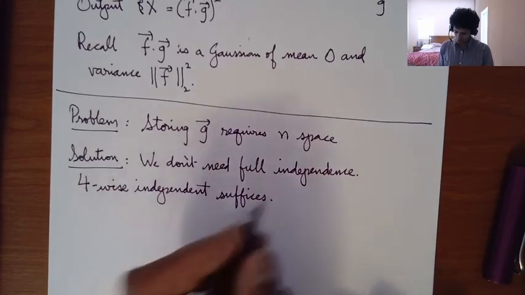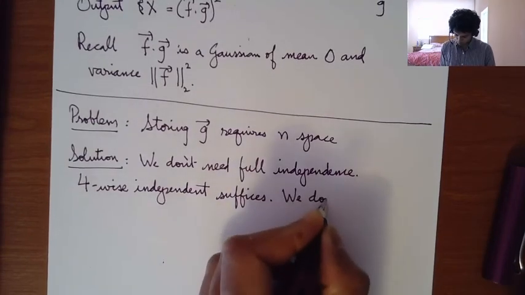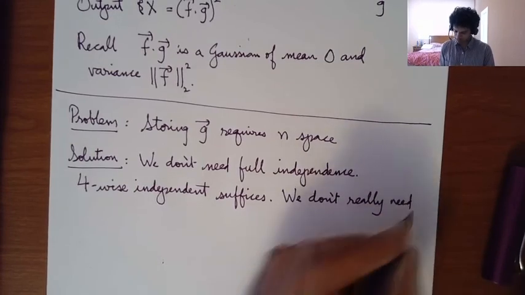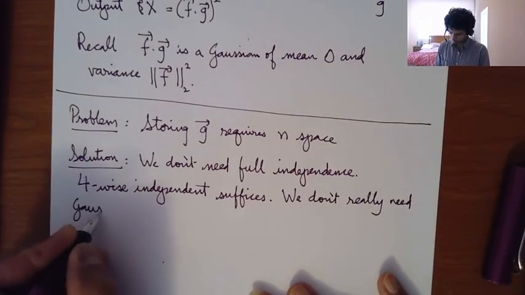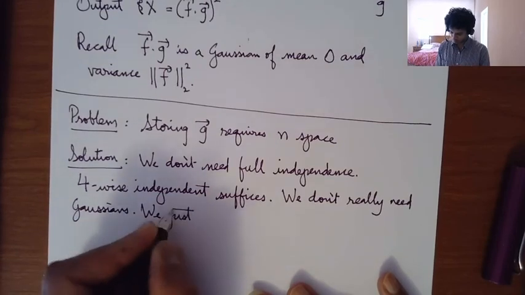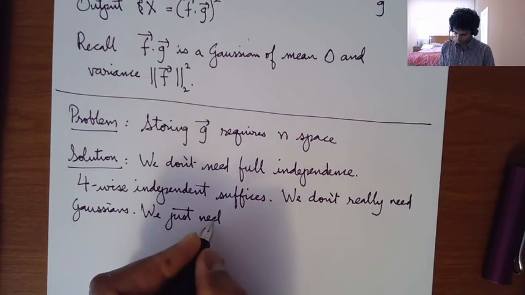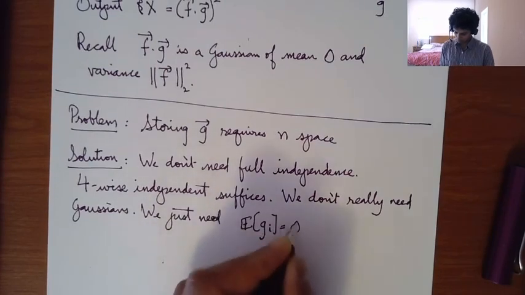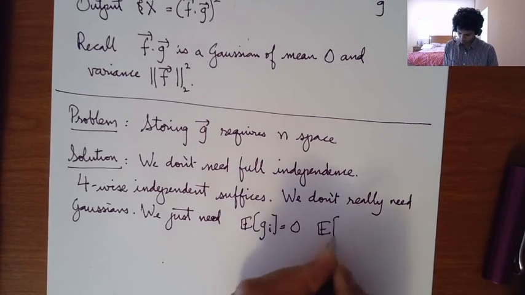And in some sense, we don't really need Gaussians, at least asymptotically. What we need is just that the expectation of G of i is 0 and the expectation of G of i squared is 1.